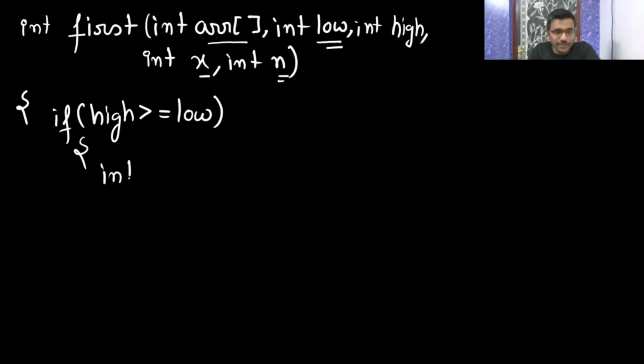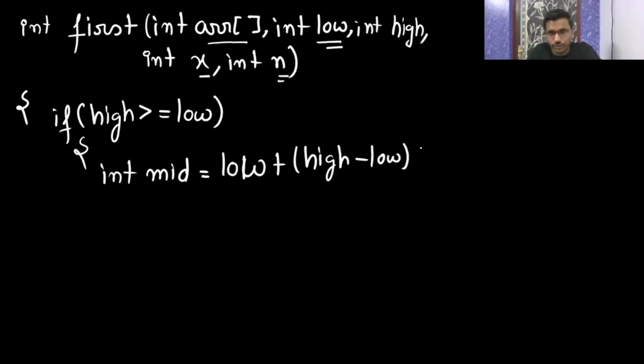So int mid. How to find the mid? There are two ways: high plus low by 2, or low plus the difference high minus low by 2. You find the mid.